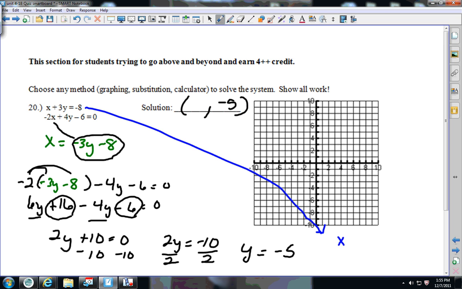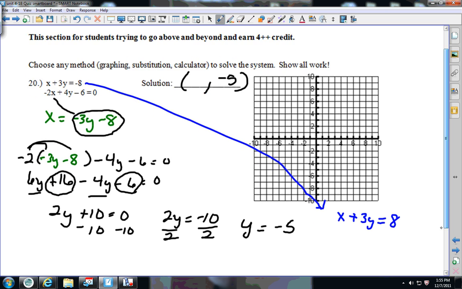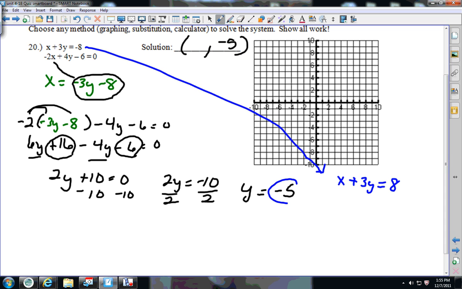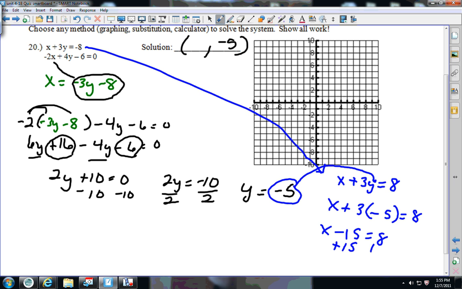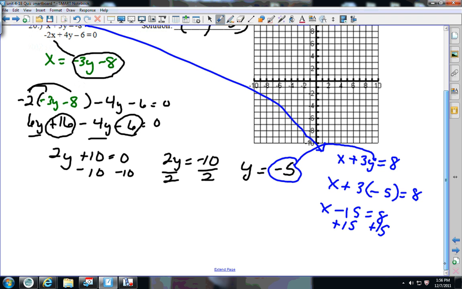I have x plus 3y equals 8. Well, y is negative 5, so I'm going to put that in here. X plus 3 times negative 5 equals 8. X minus 15 equals 8. Add 15 to each side. X equals 23.